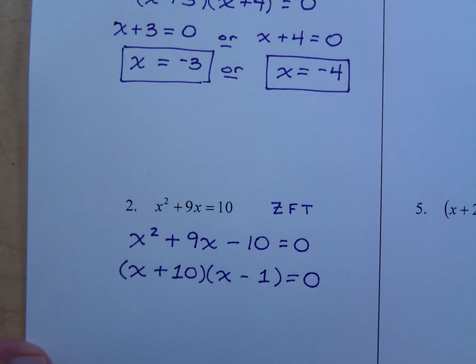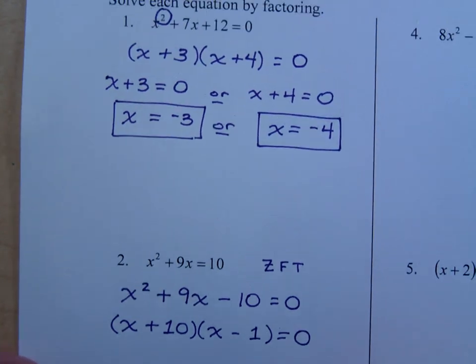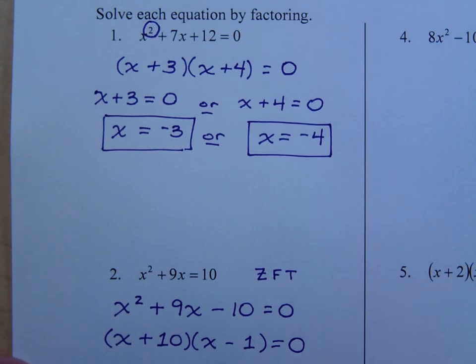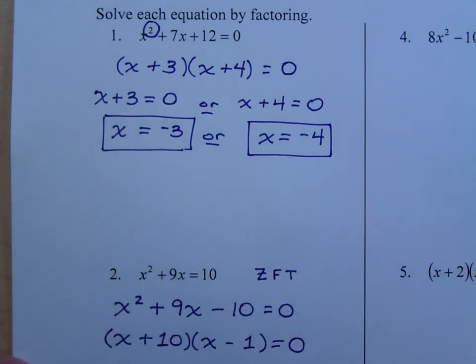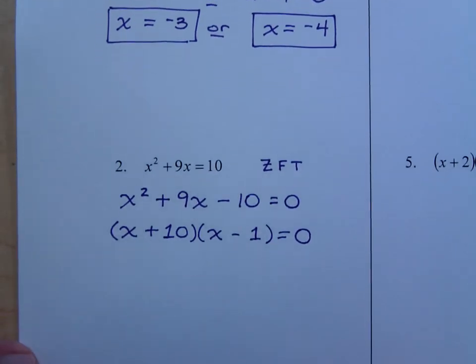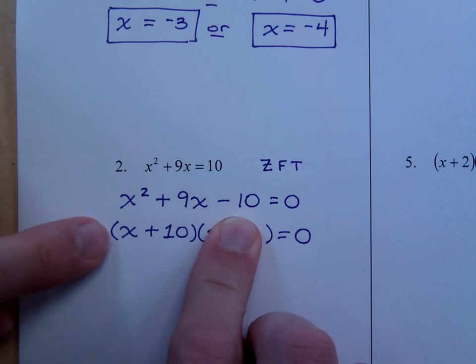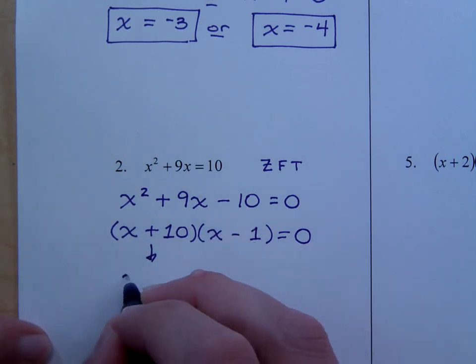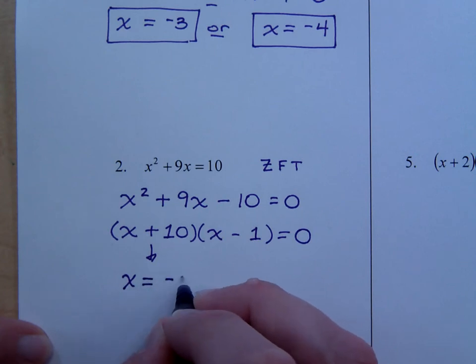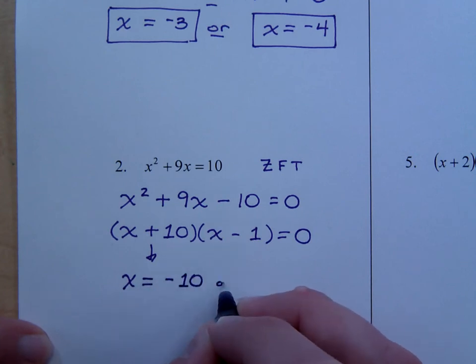And when we set each factor equal to 0, we could separate it and do just what we did on this first one, x plus 3 equals 0 and so on. But the more of these you do, the more you see that it's actually pretty simple. If I have this guy right here, x plus 10 is equal to 0, well, that's going to be true when x is equal to negative 10.